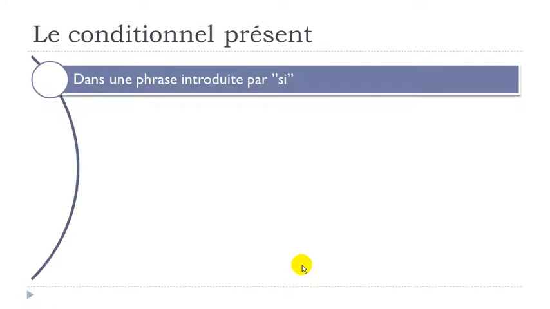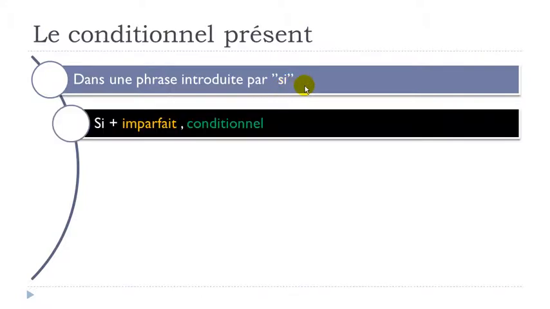Another use of this conditionnel présent is if you want to construct a sentence like in English, for instance, with this if. If in French is si. And then the rule is quite strict in French. If you start with si, then it should be followed by the imparfait form.